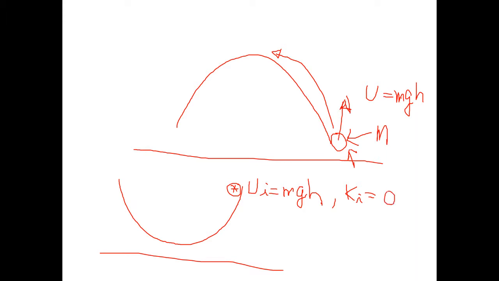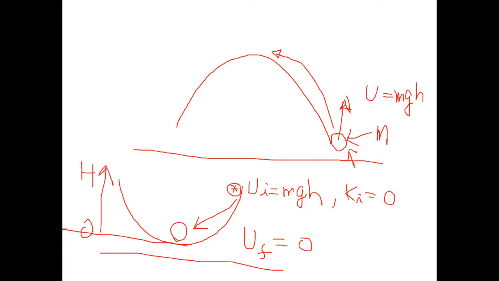Okay. So if you just release it, it will roll down until here, at the lowest place. In the final state, the potential energy will be 0, because you can regard this as 0, and this as h, something like that.